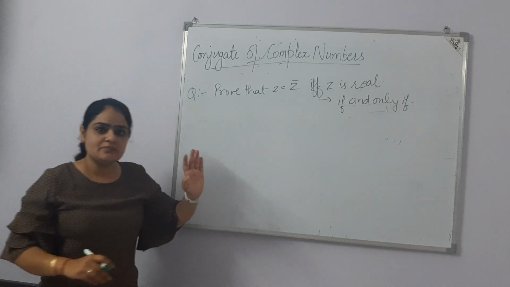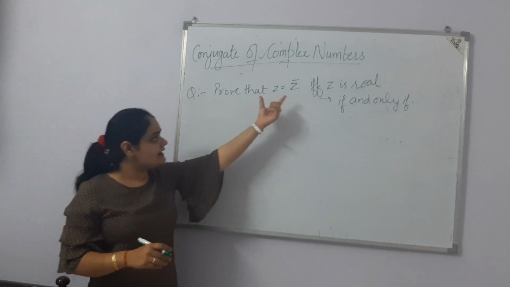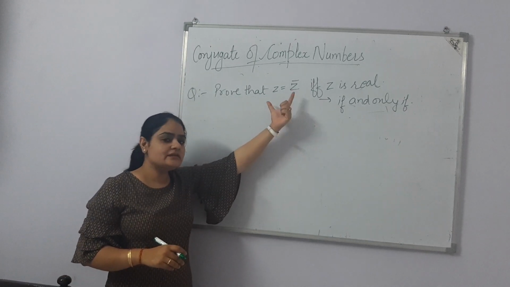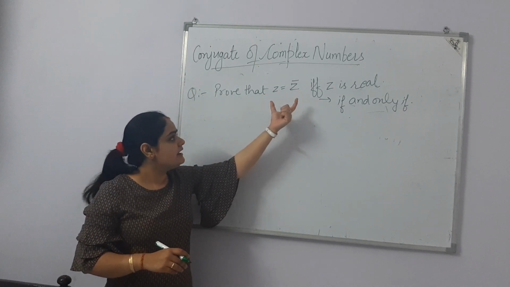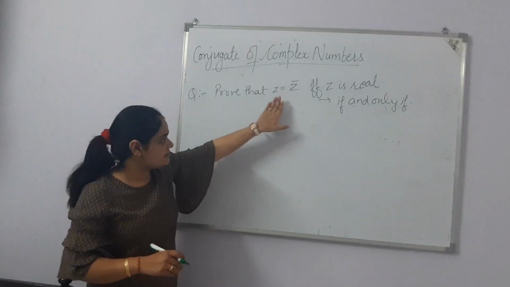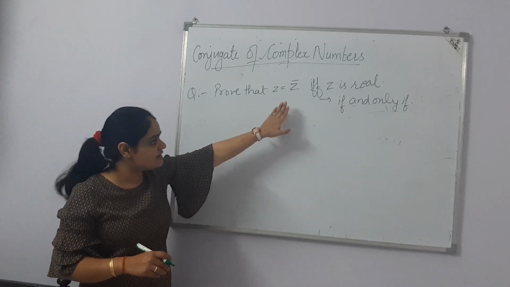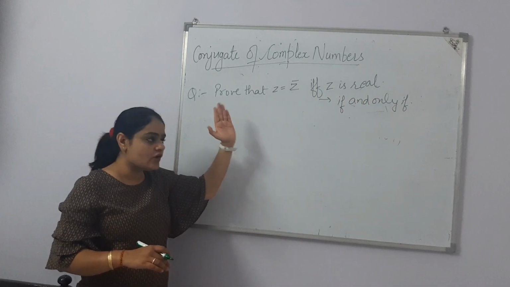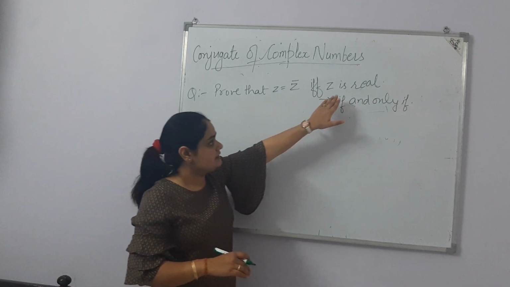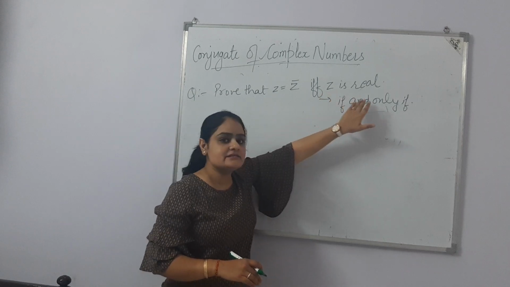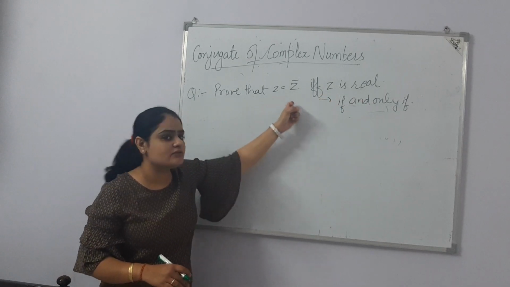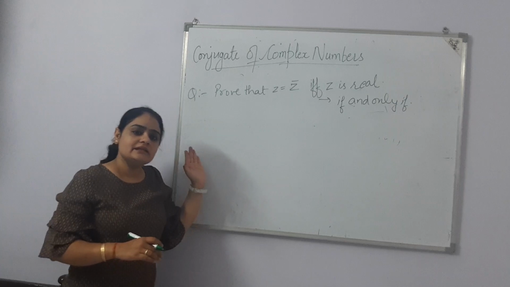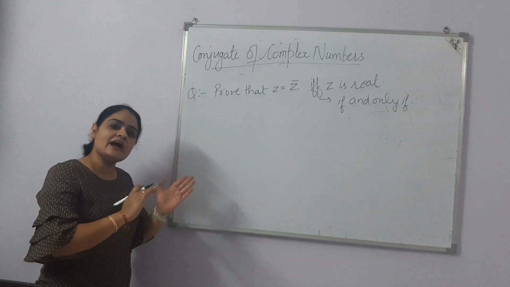If and only if means if this situation is given to us, then we have to prove z is real. And conversely, we take as given that z is real and we have to prove z is equals to z conjugate.